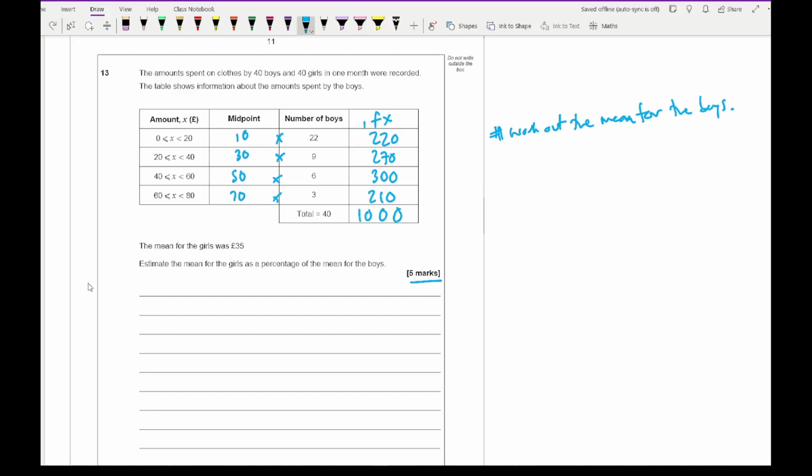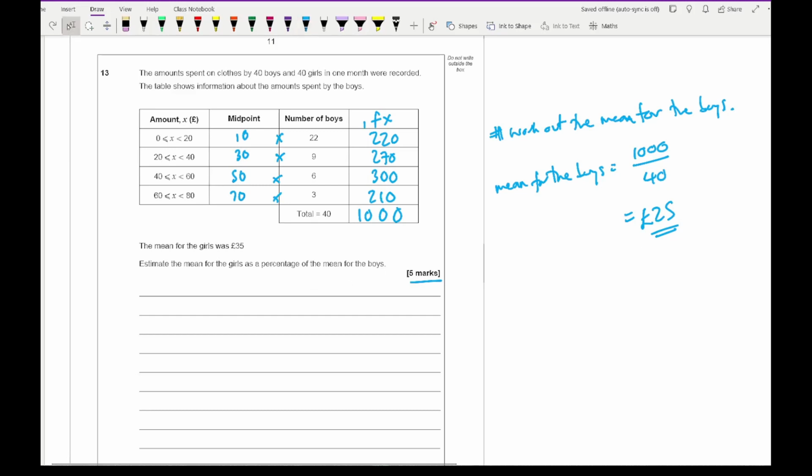So for this, to work out the average, the mean for the boys, it's going to be 1000 divided by 40, which is going to give me £25. So here, what we then need to do is to work out the estimate of the mean of the girls as a percentage of the mean of the boys.